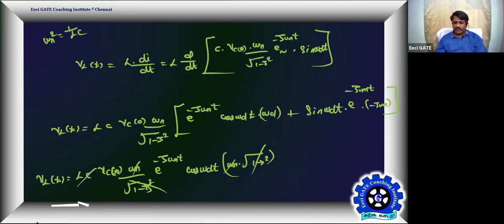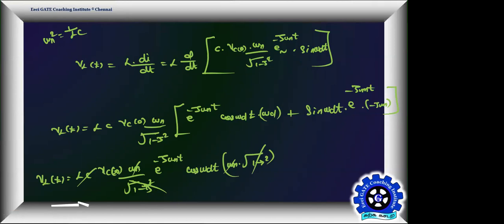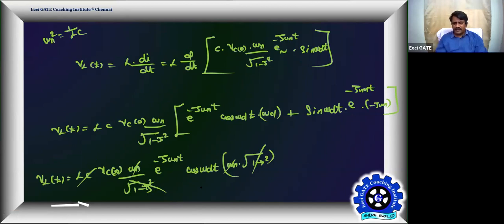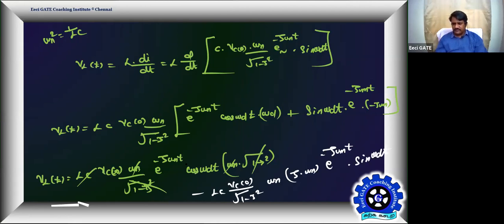Getting everyone? All of you getting? Following, right? Yes, sir. Then that is one term. Second term will become minus of LC into VC of 0 by root of 1 minus zeta square into omega n, zeta omega n into zeta omega n, minus is taken out, e power minus zeta omega nt into sine omega dt you will get.